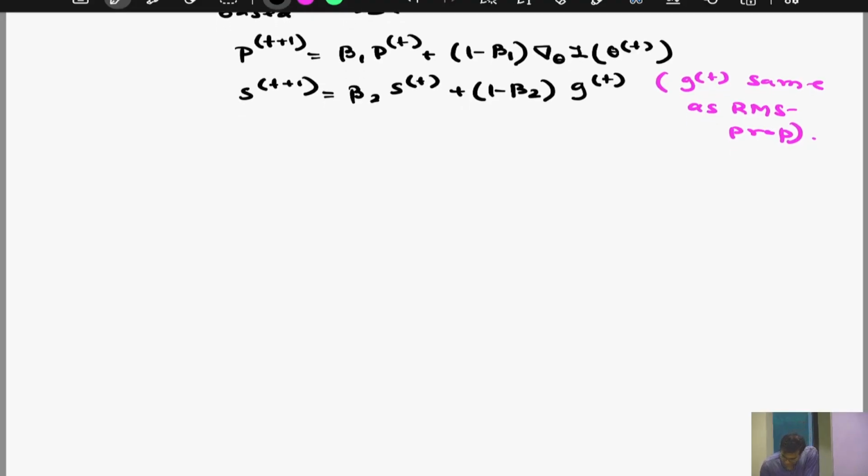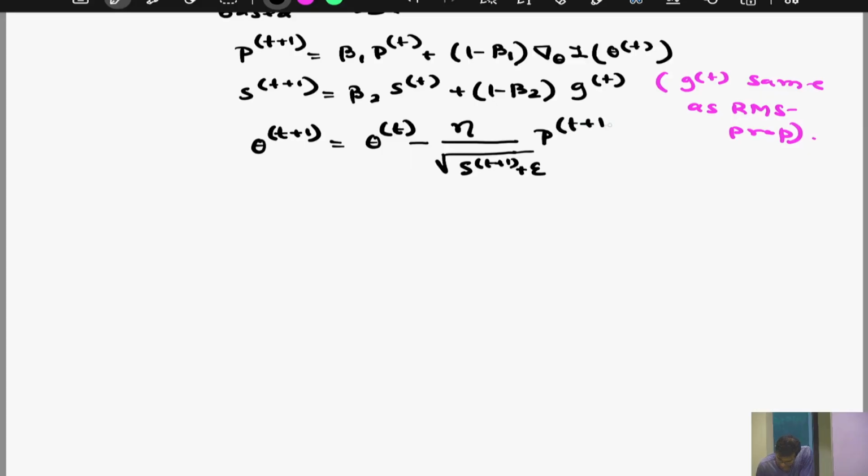Last update is theta_{t+1} is equal to theta_t minus eta times the square root of s_{t+1} plus epsilon, times p_{t+1}.